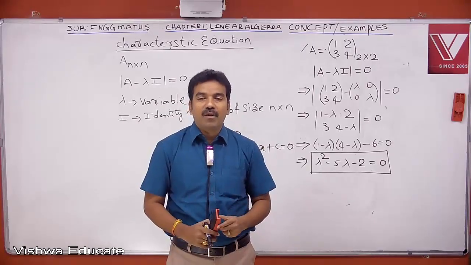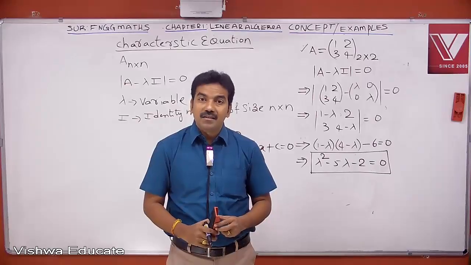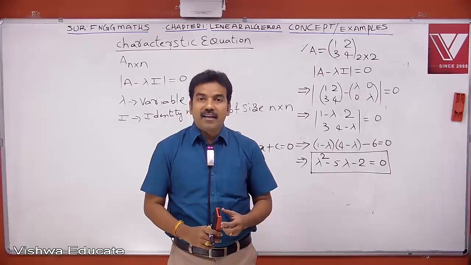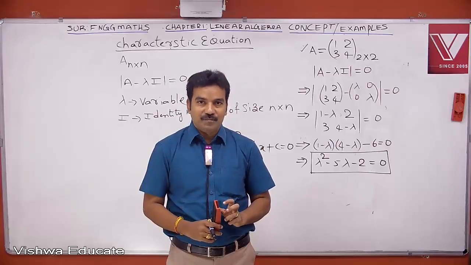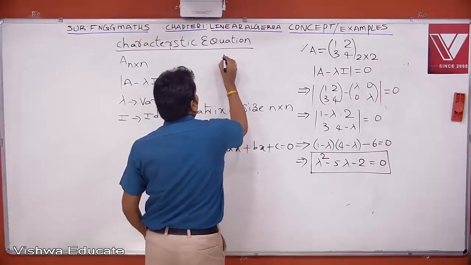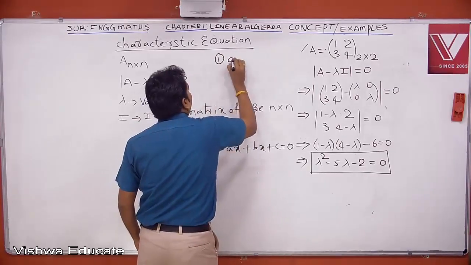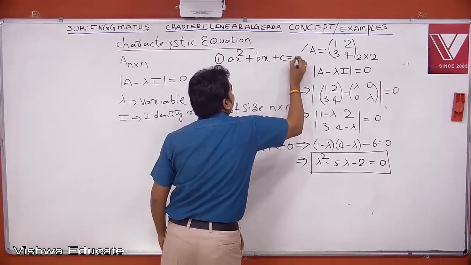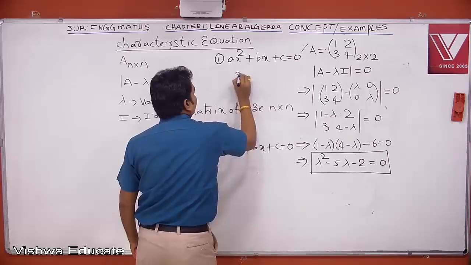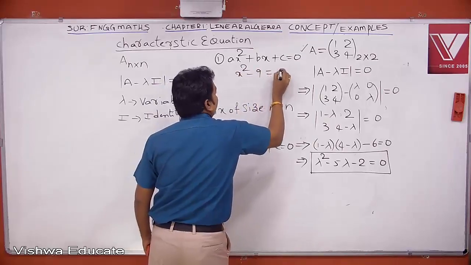Suppose I take x squared minus 4 equal to 0, it's a second degree equation. If I take sin x minus 4 equal to 0, this is not a polynomial expression. Let me give one example: x square minus 9 equal to 0.